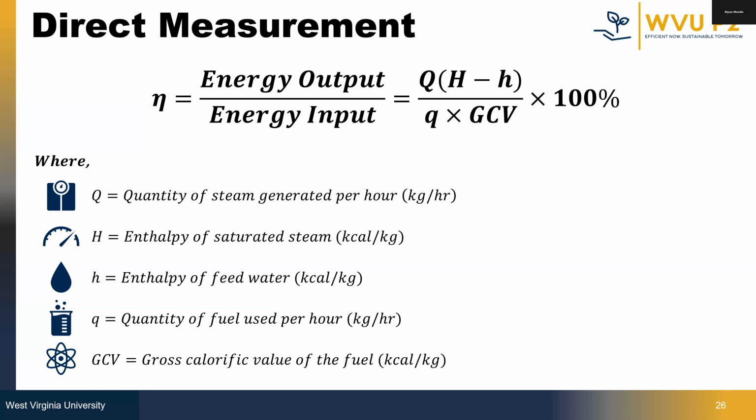The gross calorific value is easy to find. It's published and it's not hidden information or hard to find. But accurately measuring the quantity of fuel used can be a challenge.